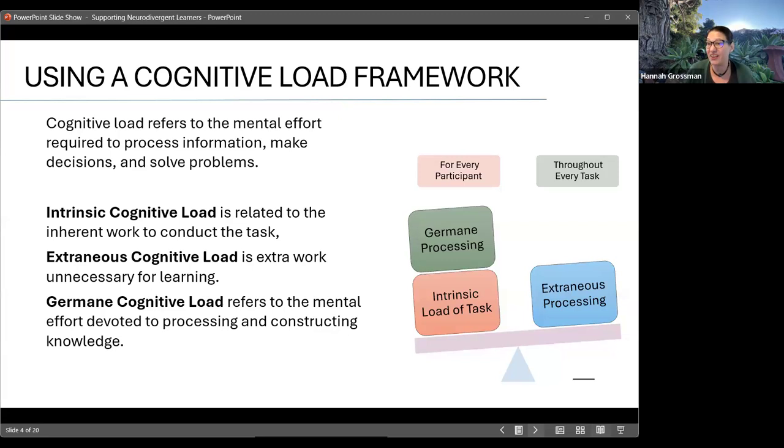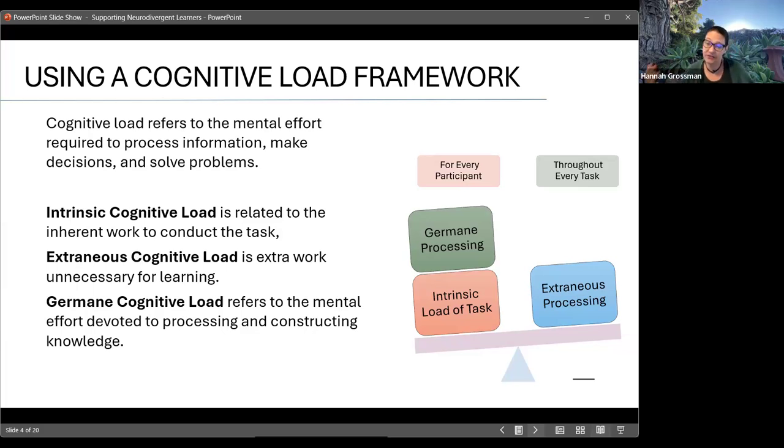That's the germane processing. And at any given time, every single learner is balancing the load of the task or the multiple tasks that they're doing, the extraneous information processing that happens regardless of whether or not they wanted to, that is just their brain working and that could be taking away from the task, and the germane process of taking the information that's being shared and putting it together in ways that create meaning.